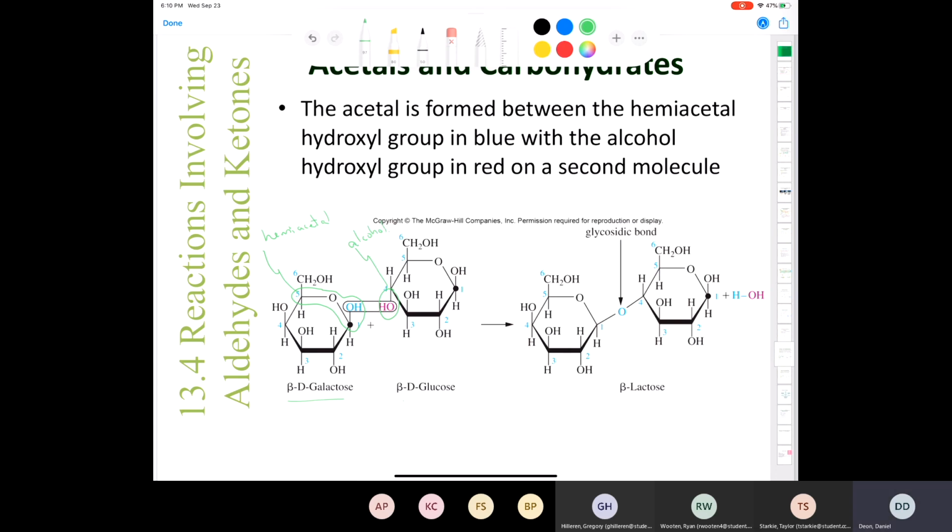And what did we say when a hemiacetal and an alcohol react? Before, we said that when you treat a hemiacetal with an alcohol, you've got to have a catalytic amount of acid. Well, in the human body, you're not going to find catalytic amounts of strong acids like sulfuric acid. So this is actually an enzymatic process. This is formed by an enzyme.